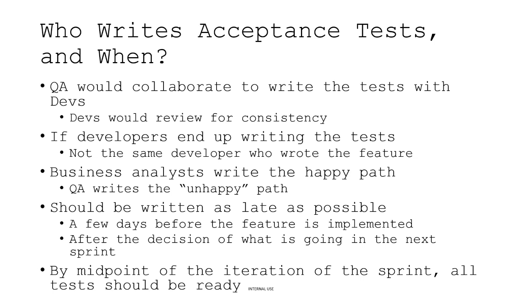This is to mitigate any last-minute changes, any last-minute deviations from what your original story expected. That way, nothing's going to pop up. These acceptance tests are exactly what we need. Nothing else is going to change. Boom, here they are. That's what he means by they should be written as late as possible.